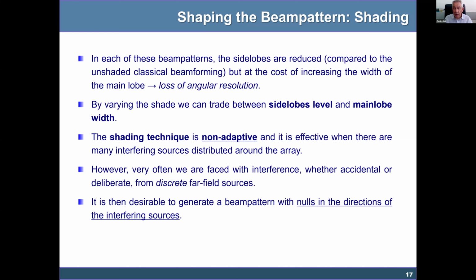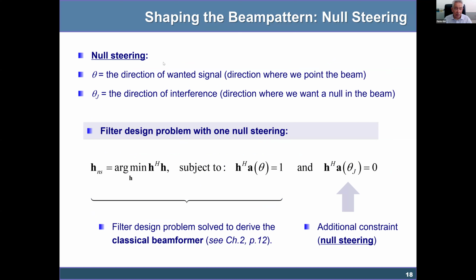So in the case where you know the directional arrival of the interference, instead of pushing down the side lobe by using the shading technique, it's better to put nulls in this particular direction. But this is possible only in those cases where you know a priori the direction of arrival of the interference. So the idea is the following. And this technique is called null steering.